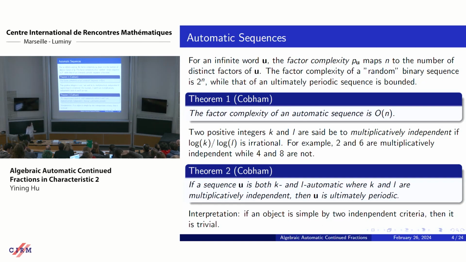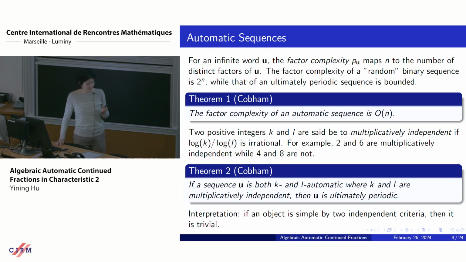So, automatic sequences, from multiple points of view, they are simple objects. For example, one way to measure the complexity of a sequence is by its factor complexity, which maps n to the number of distinct factors of u of length n.